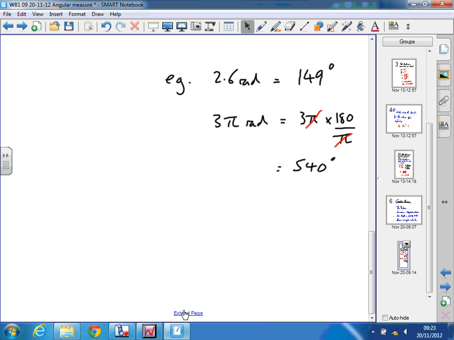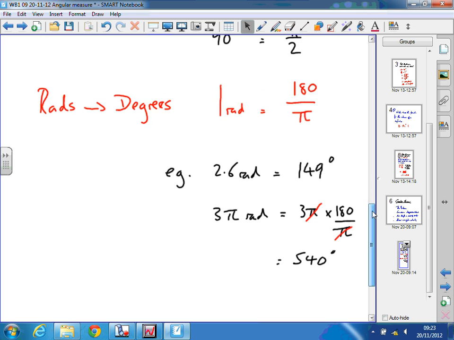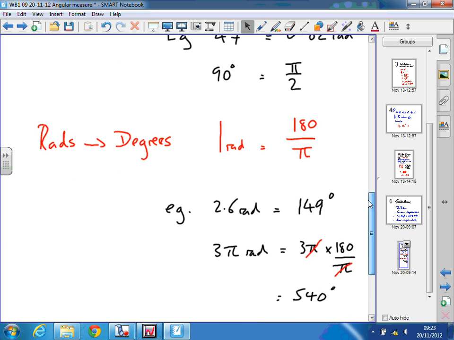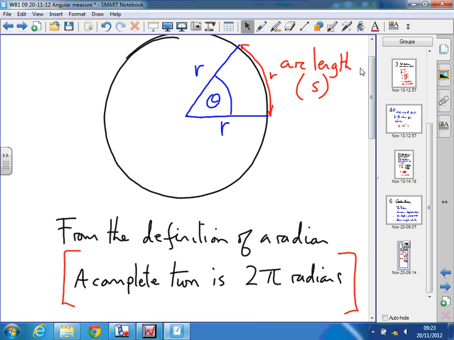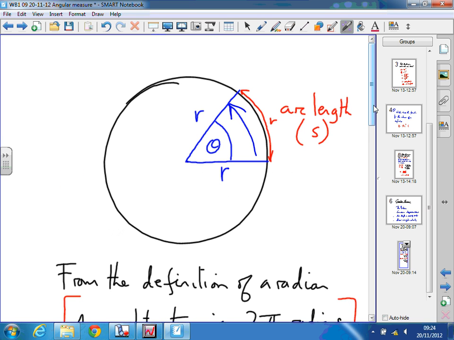Okay, now an angle of 540 degrees, in this scenario, we're talking about radians. We're often not talking about an angle in terms of what fraction of a circle have I gone through. We're actually interested in how far it's turned. This is where the 540 degrees comes from.